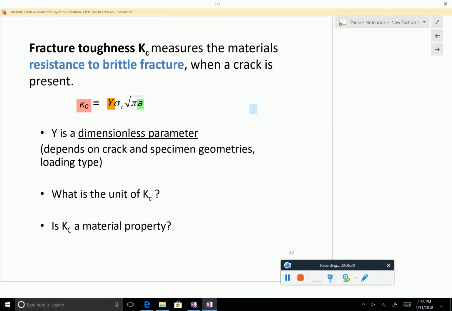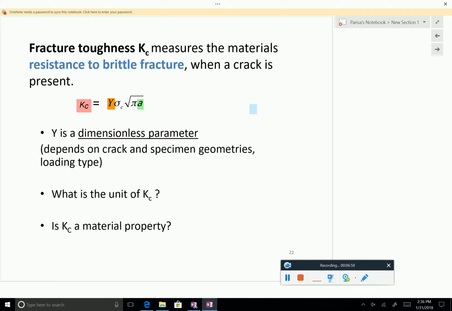Stress, what is the unit of the stress? Force per area. So it's like megapascal, psi, something like that. Pi is a number. How about crack length? Meter, something like that.